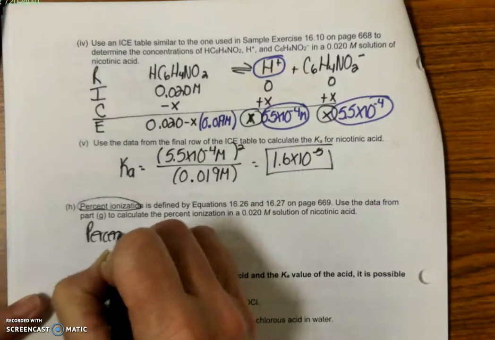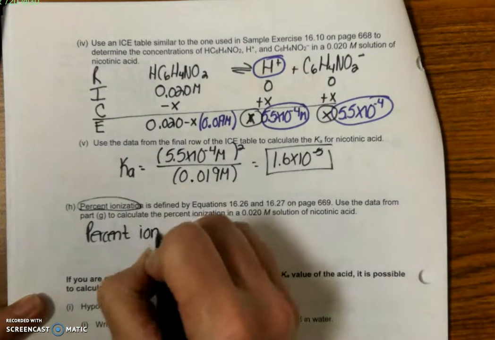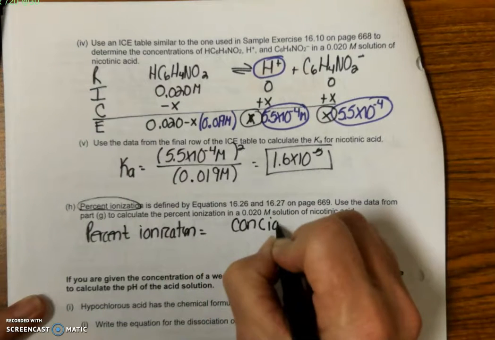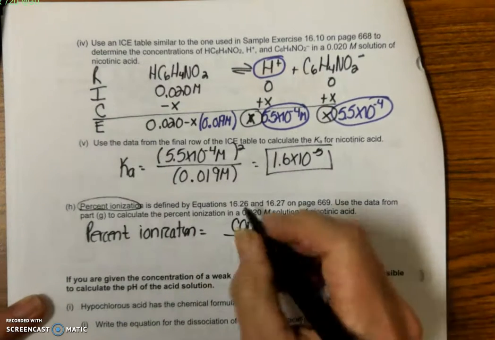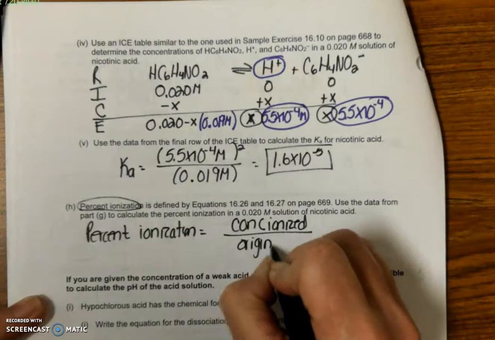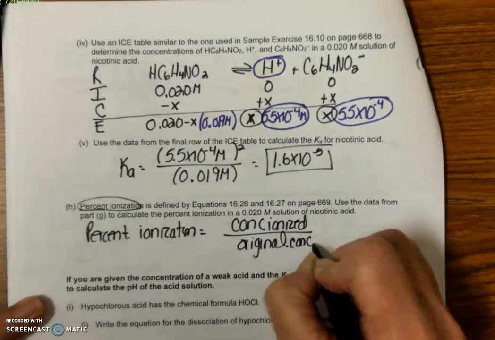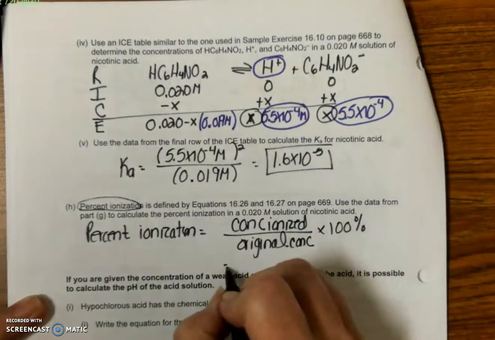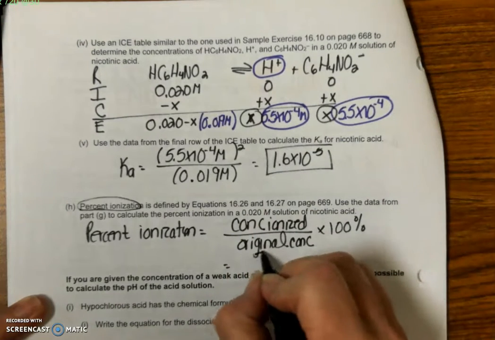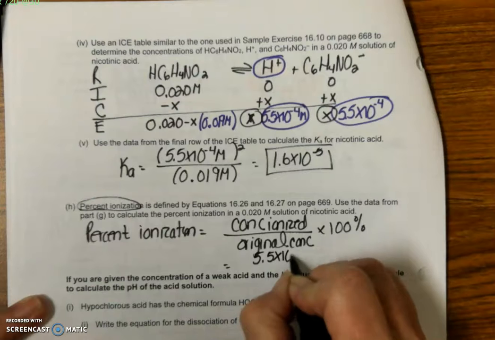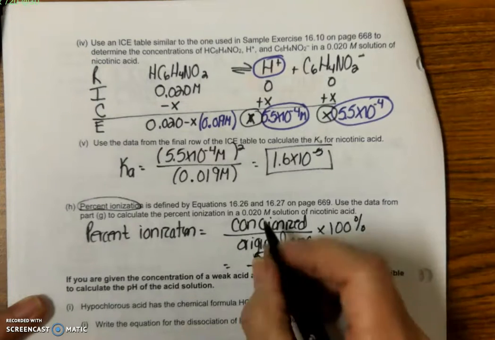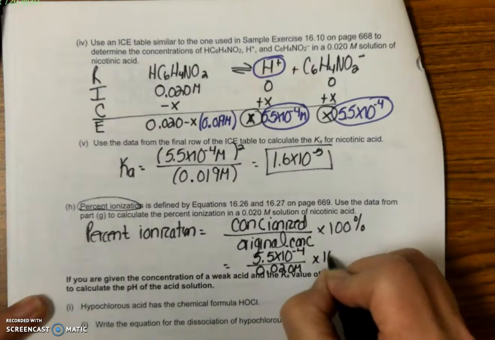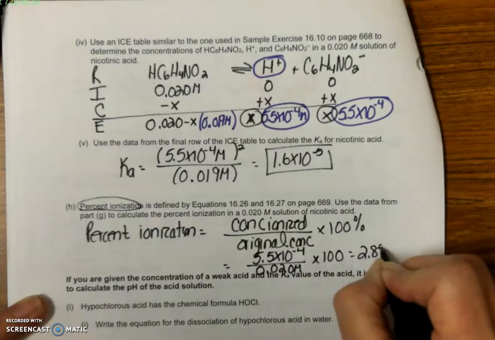Now, this is going to be a very important number. Percent ionization is equal to the concentration ionized divided by the original concentration. So it's part over the whole. How much of the whole molarity was actually ionized? That's going to be my X. I'm going to take 5.5 times 10 to the minus 4 divided by 0.020 molar times 100, and that's 2.8%.